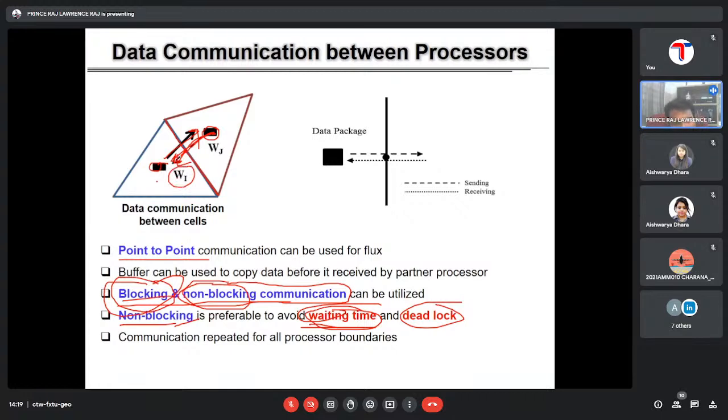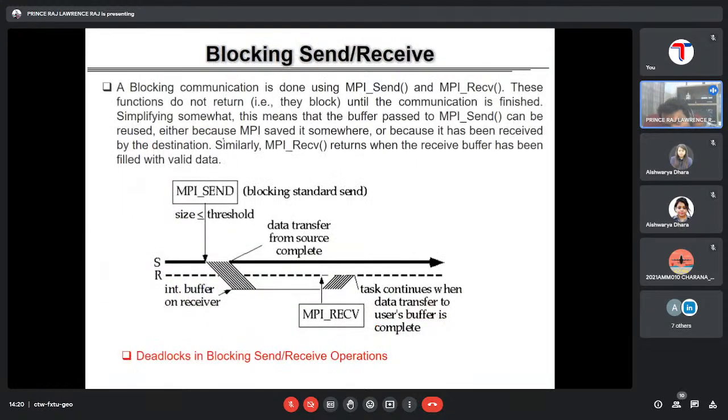But at the same time, this processor also sent something here, and it is also waiting for a response from here. What happens then? Both of them cannot give the response because each is waiting for the other's result. This processor is waiting for this result, which means a deadlock situation. It is very hard to manage. Okay, this is blocking and non-blocking, and how it happens.